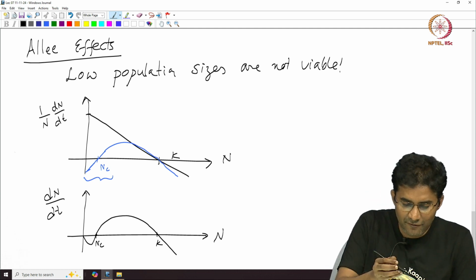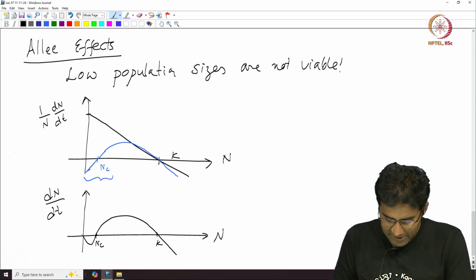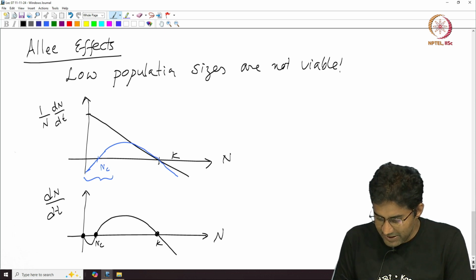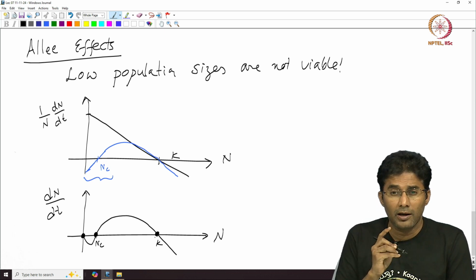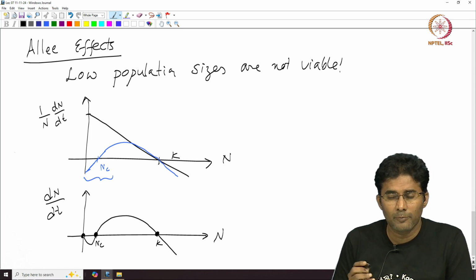Now let us identify all the equilibria. Equilibria are all the points where the population size is 0, population size NC, and population size K. Now again look at the growth rate of the population for various population sizes.